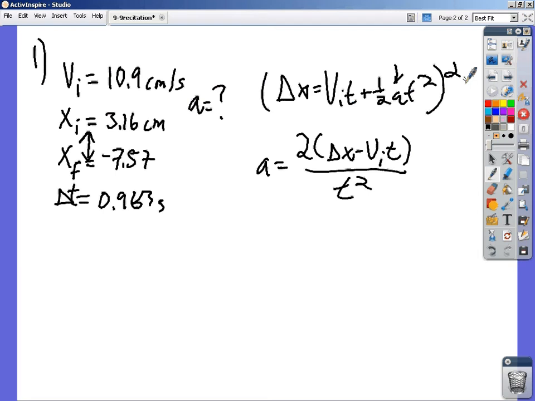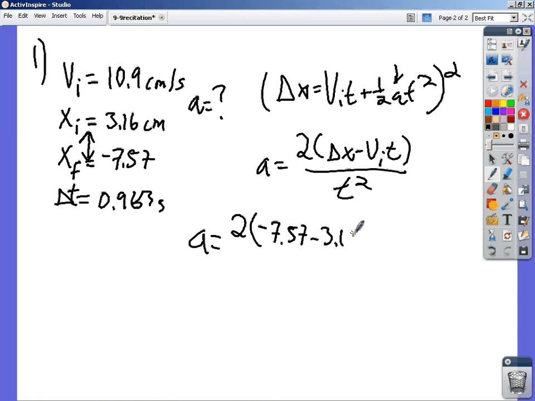And then at this point, all you do is plug in what you're given. So it'd be 2 times change in x, which is going to be final minus initial. That's always change in, final minus initial. 7.57 minus 3.16. Okay, I'll double up on those parentheses. Right, change in x, so I find out what that is first.